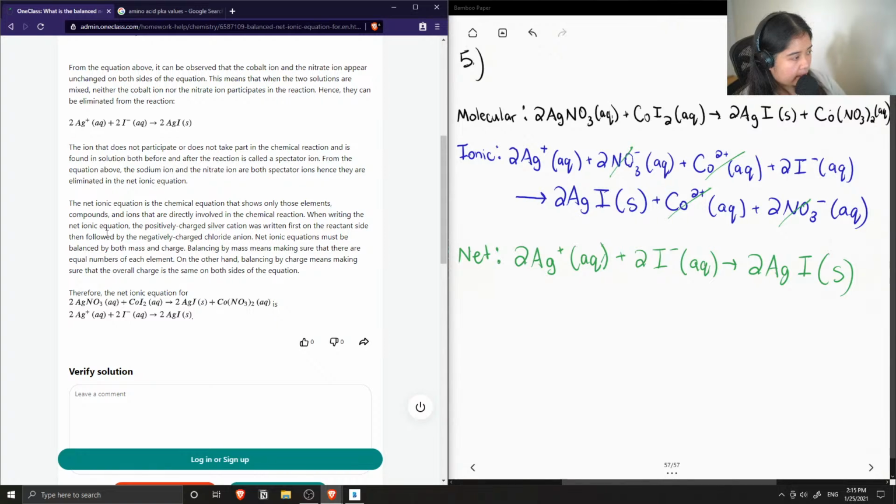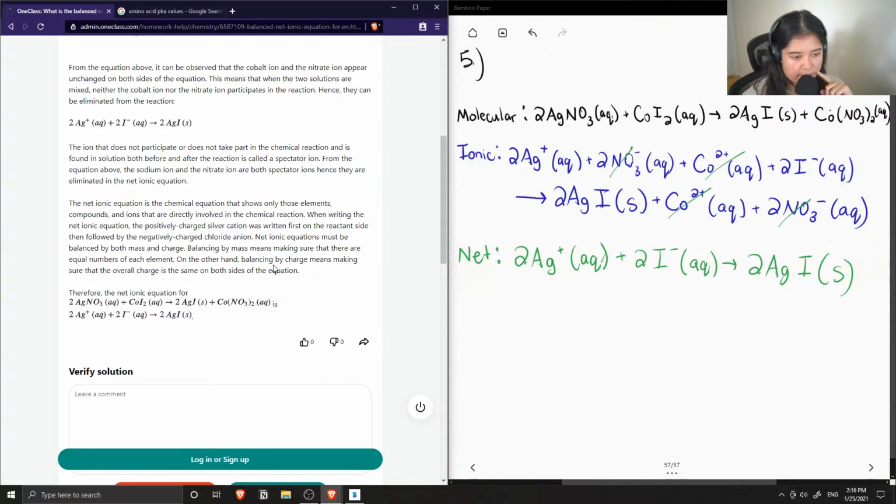When writing the net ionic equation, the positively charged silver cation was written first on the reactant side, followed by the negatively charged chloride anion. Net ionic equations must be balanced by both mass and charge. Balancing by mass means making sure that there are equal numbers of each element. On the other hand, balancing by charge means making sure that the overall charge is the same on both sides of the equation.